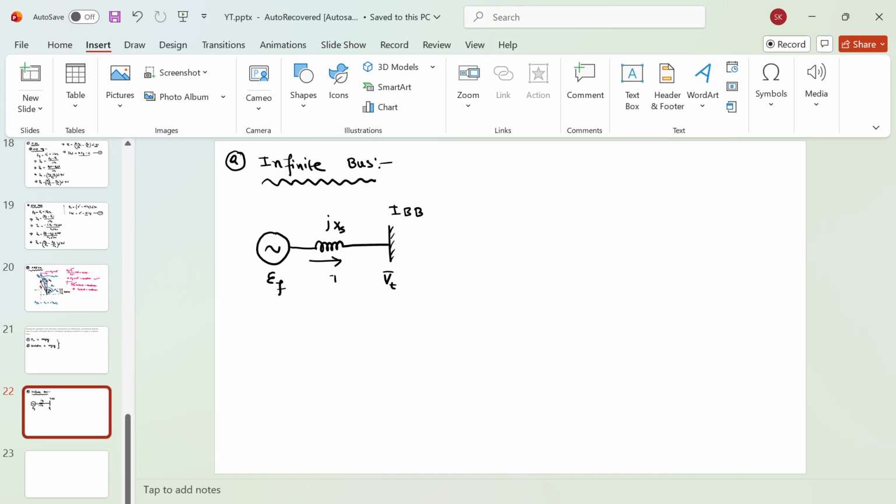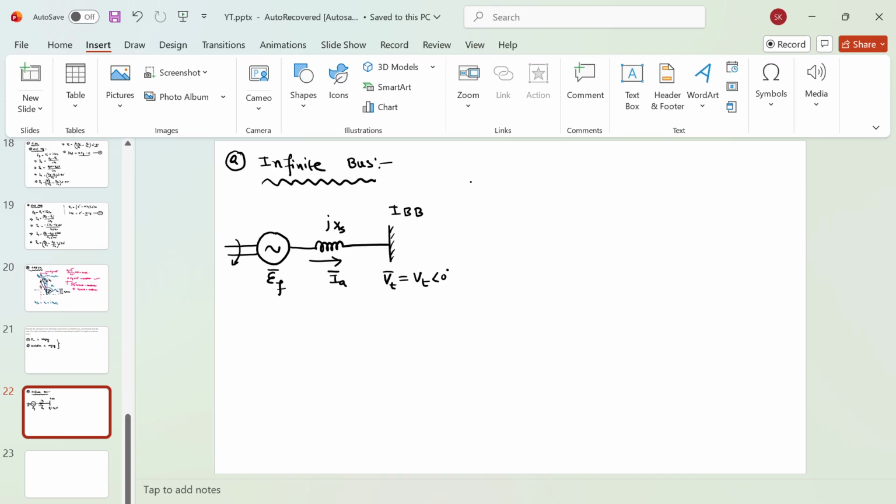And here I have this armature current IA, and this VT is, let's say, my reference, and EF. Okay, and my input power is coming from the prime mover, and that's how my generator is connected to the infinite bus bar.